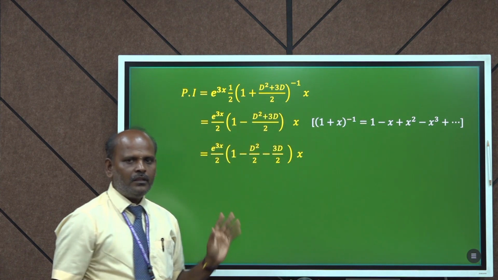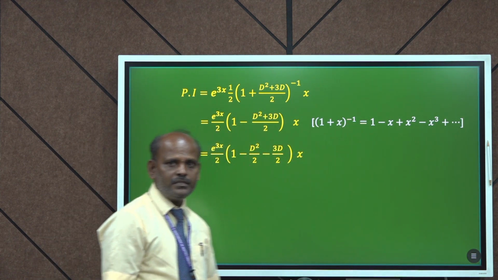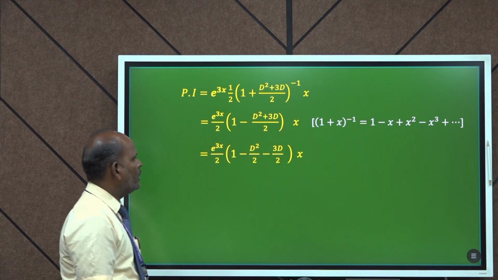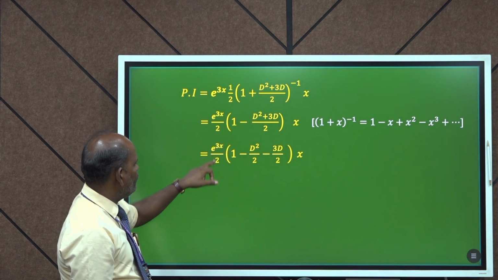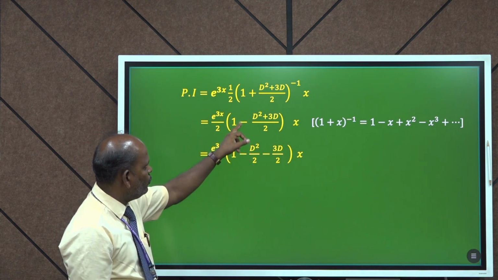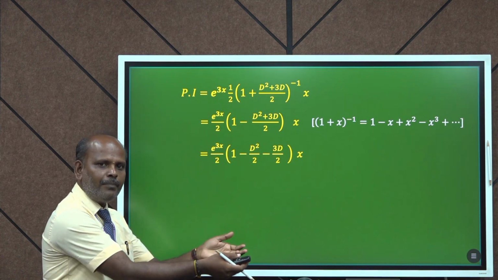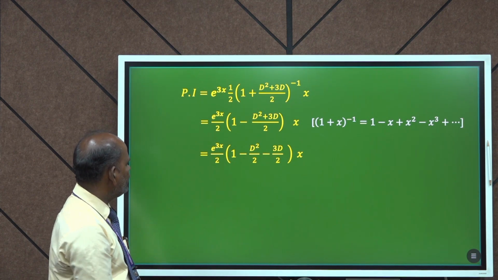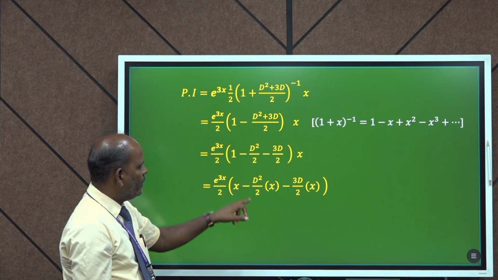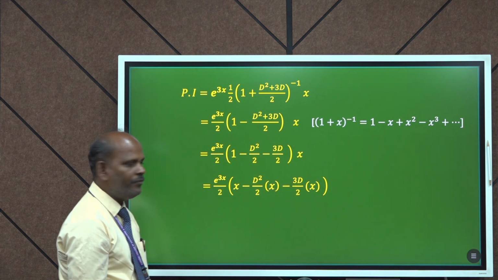Since only x is available, we need one term only. Now this becomes e power 3x divided by 2, 1 minus D square by 2 minus 3D divided by 2 of x. Now we operate x inside: e power 3x divided by 2, 1 into x, x minus D square by 2 of x minus 3 by 2 into D of x.